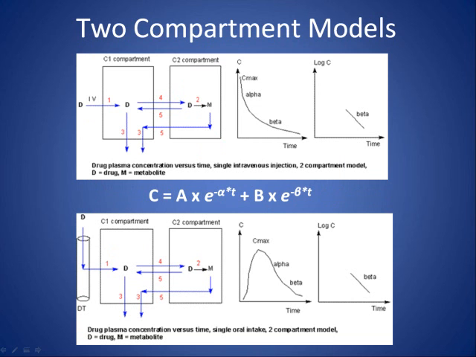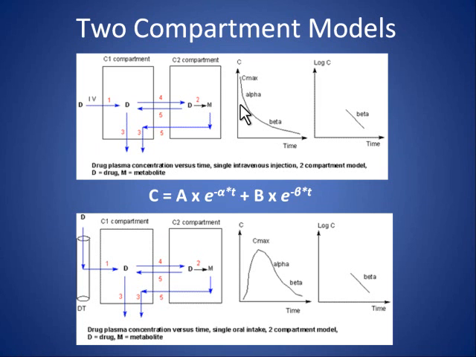This second example is a two-compartment classic toxicokinetic model. Again, the top panel represents the plasma concentration following intravenous administration, and the bottom panel represents the same compound after oral exposure.